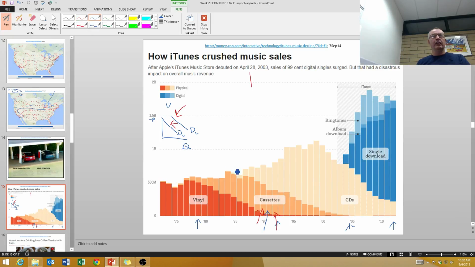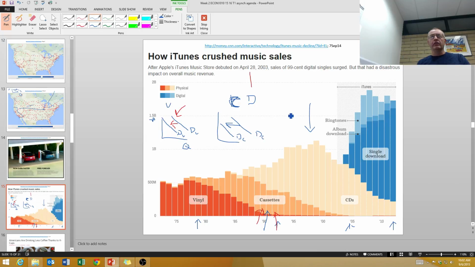And then a few years later, of course, people had this demand curve for cassettes, and then along came CDs. When CDs were introduced into the market, the demand curve for cassettes declined, as we would expect, because CDs were more compact, with higher quality sound. And so the demand curve for cassettes also shifted to the left.